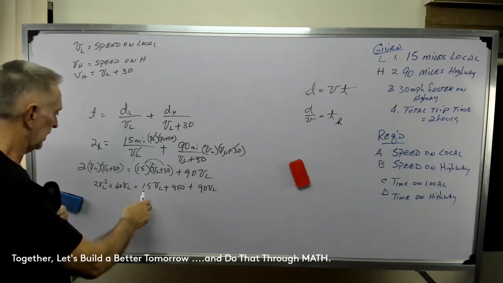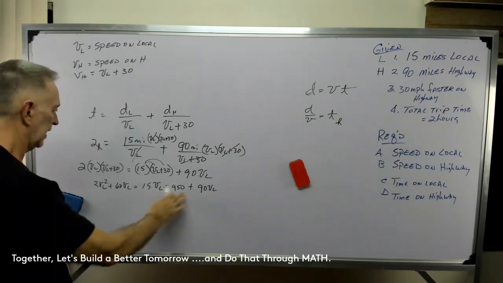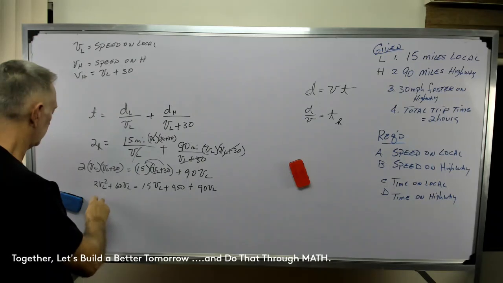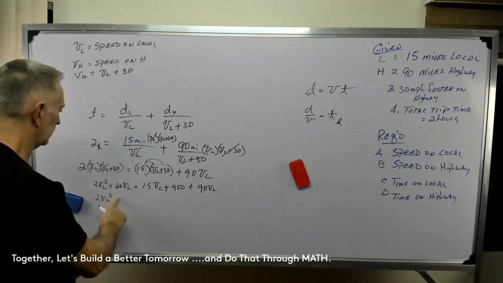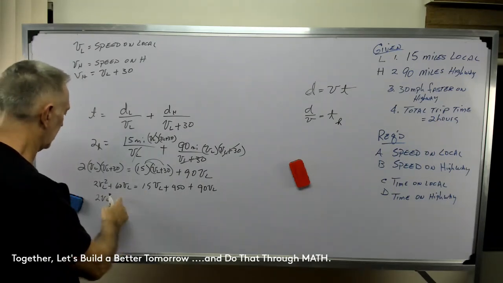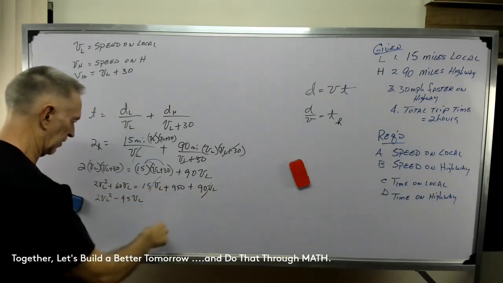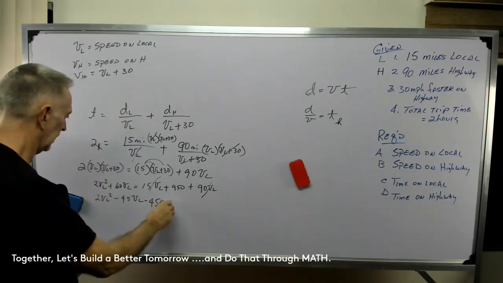Okay, let me subtract. First let me get the 90 V sub L, subtract that over here, and that gives me 2 V sub L squared. So subtract 90, that gives me minus 30, then minus 15 more gives me minus 45 V sub L, minus, see, that took care of that term and that term, minus 450 equals 0.